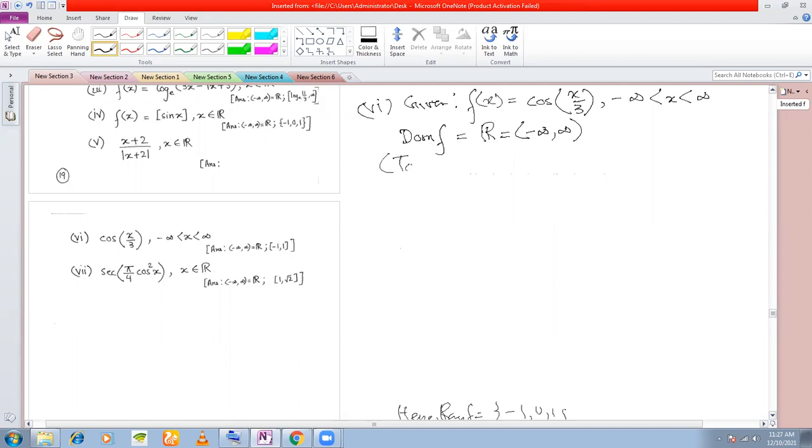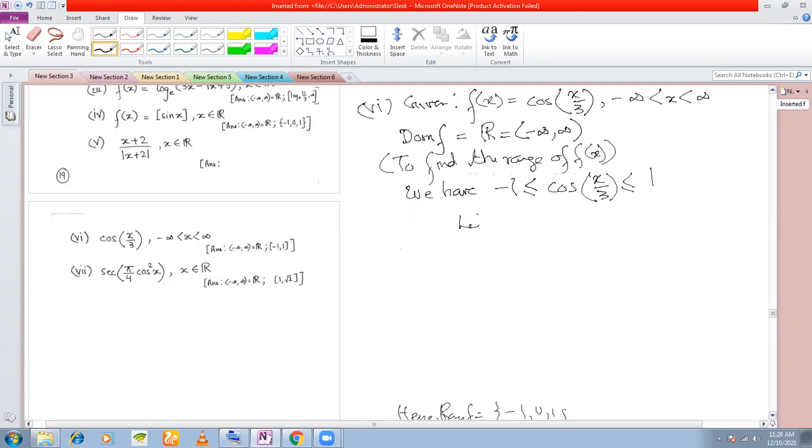To find the range of f, how do you find out the range of f(x)? See that cos(x/3) will always lie between minus 1 and plus 1, right? Yes, sir.